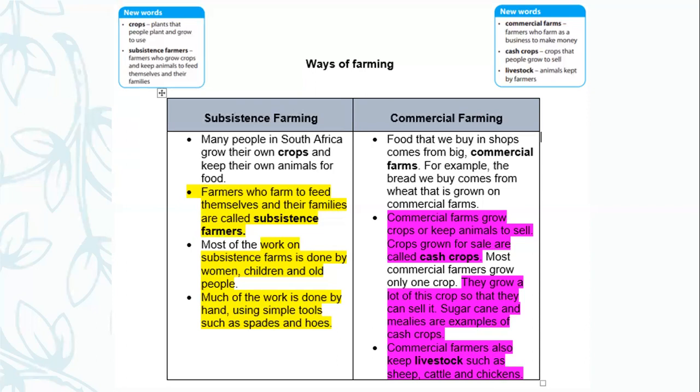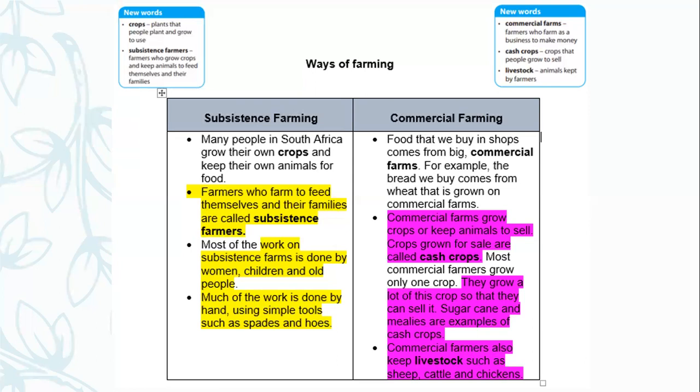And then, boys and girls, a commercial farm is completely different from a subsistence farm. A commercial farm is a big farm that caters to not just the businessman himself and his family, but it also feeds, as I said, your cities and towns. It gives food to supermarkets.